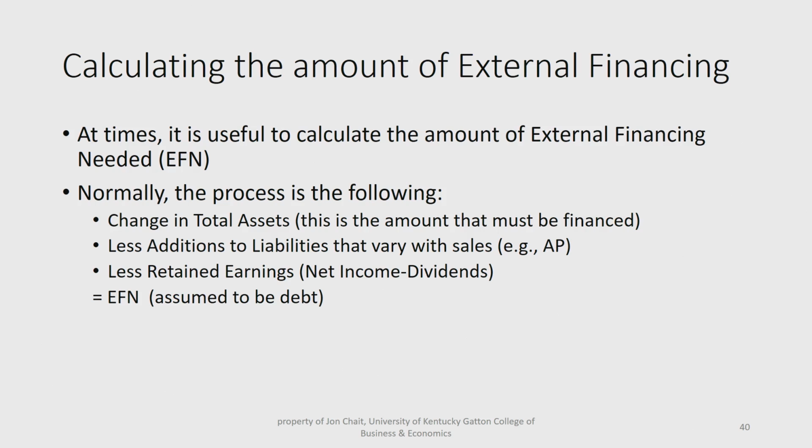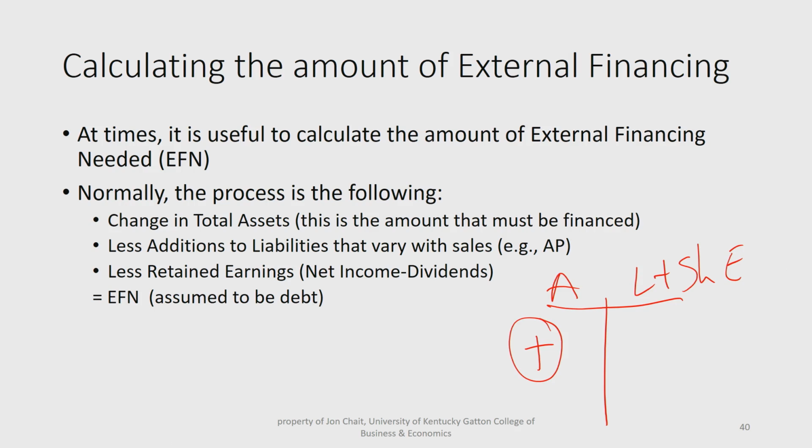So how do we use this? How do we calculate it? We usually calculate it, remember our balance sheet. We have assets and liabilities and shareholders' equity. And so assets are going to be a plus in this case, and that's the total amount that has to be financed.